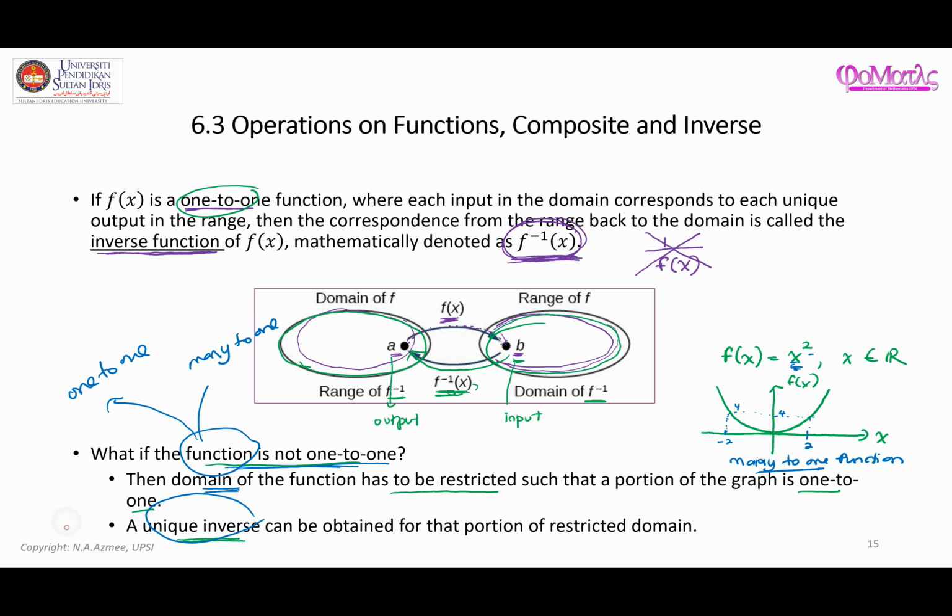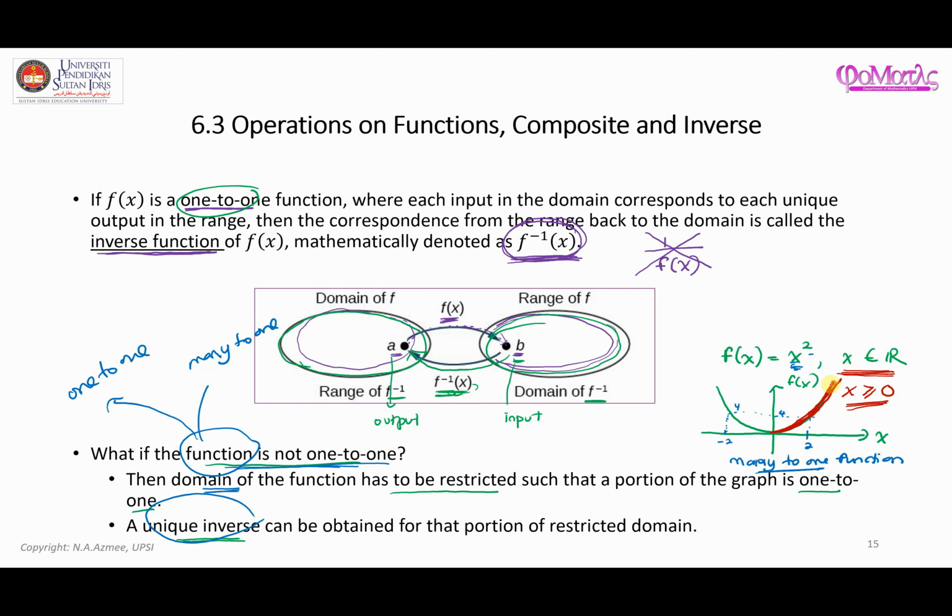So what does it mean by restricting the domain? It means that for the domain here, for example, instead of saying that x can take any real number, we can actually restrict the domain by saying that x can only be greater or equal to 0. So when you're talking about the domain of x greater or equal to 0, that means you are just concerned with this part of the graph.